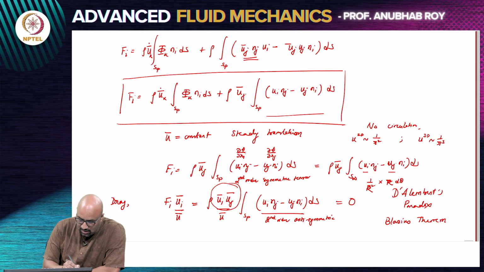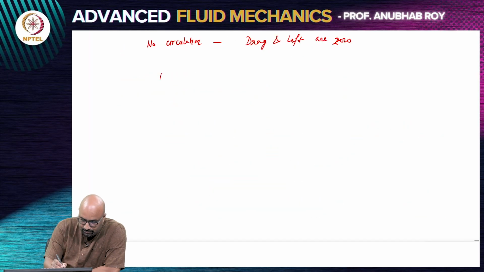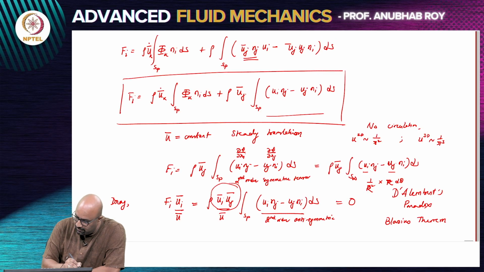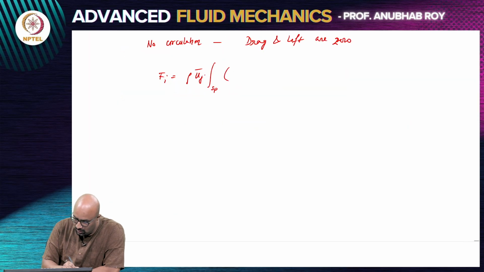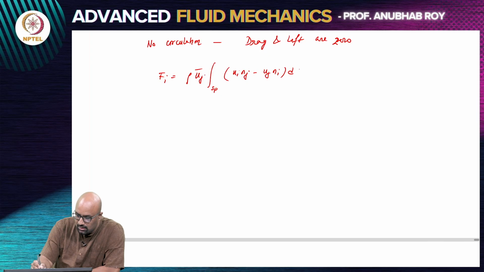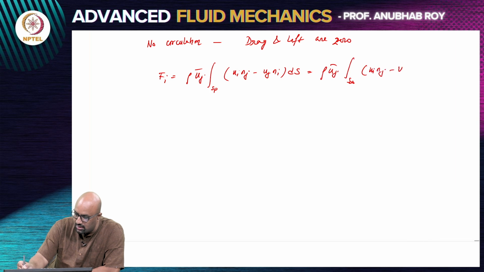But if you have circulation, I am going back to that same expression, rho u_j (u_i n_j minus u_j n_i) ds, which is the same as over a large distance u_i n_j minus u_j n_i ds.